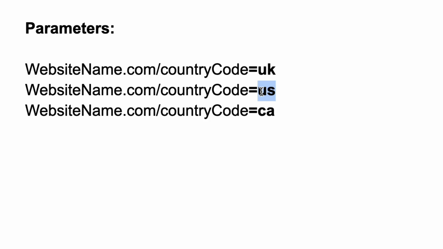So if I could, I would stay away from this, which leaves us with the option of using country-specific URLs. The website name.com would be the same, but you'd have a little directory, like everything in English or in a certain language or for a certain country would be under this directory. Everything for the UK would be here. Let's say it's a different language, so French will be here.